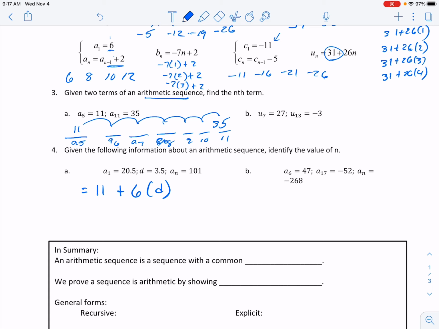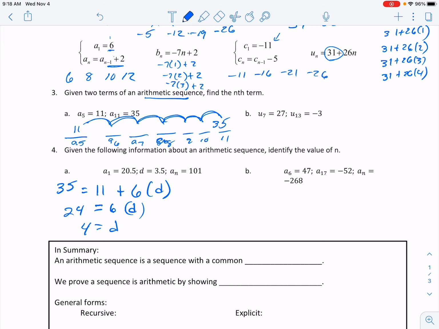All right, and I know I added it 6 times, right? 1, 2, 3, 4, 5, 6, and this equals 35. And then you just do the math. 35 minus 11 is 24. And now divide by 6, and you get 4 is equal to D.